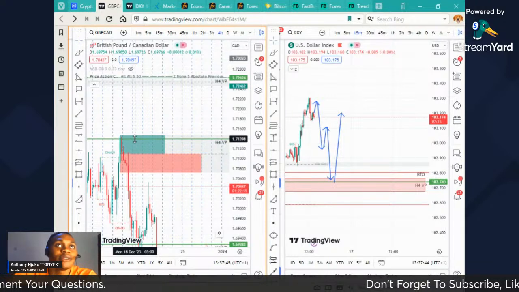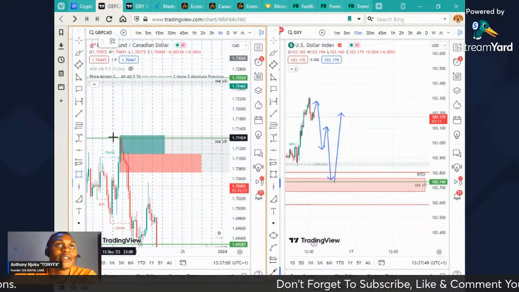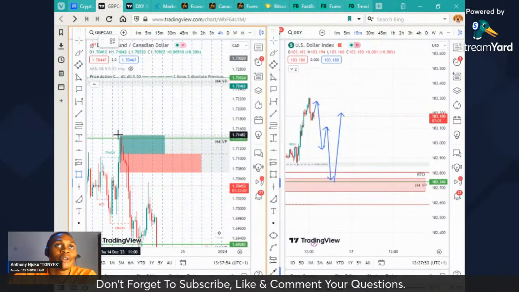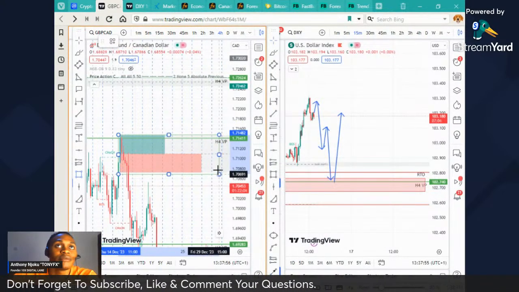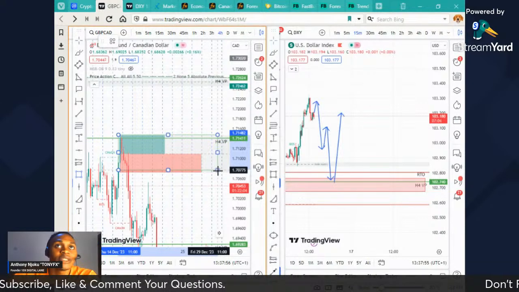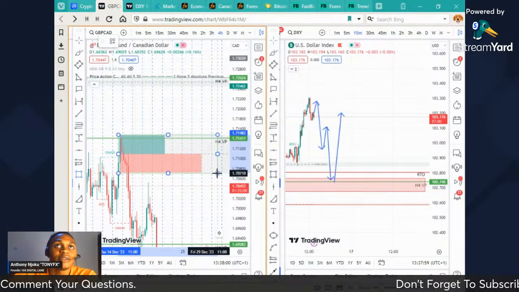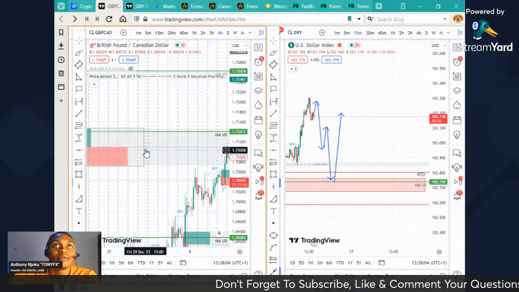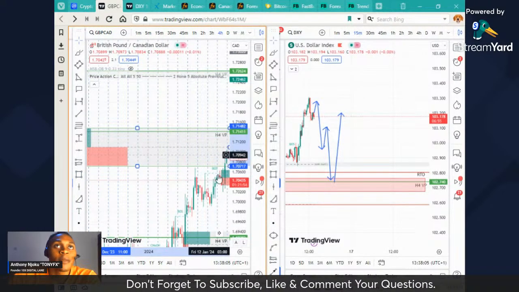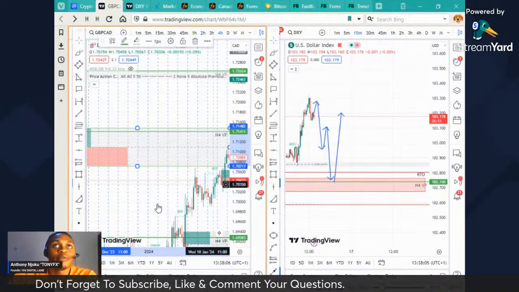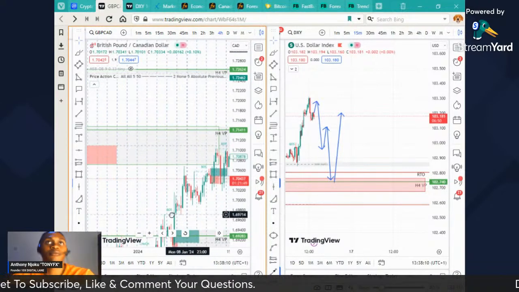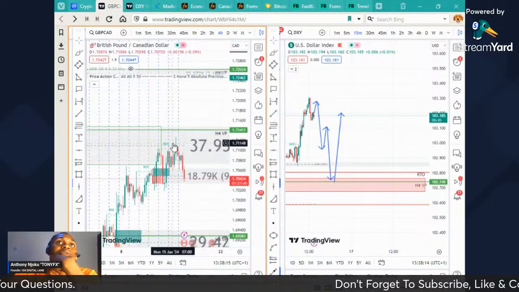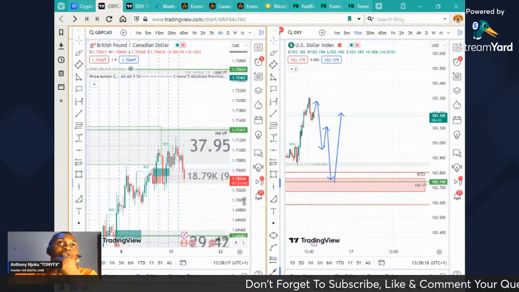I can see it over here, and the market created this resistance here. This is the resistance which the market came into. The market came into this with this red candle and went down, broke structure again and went down.